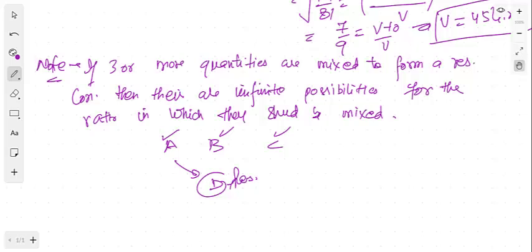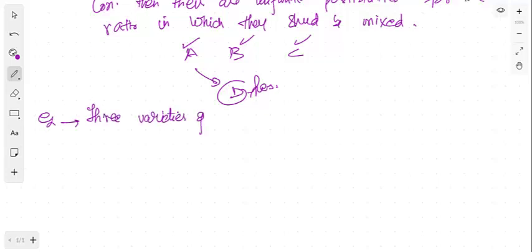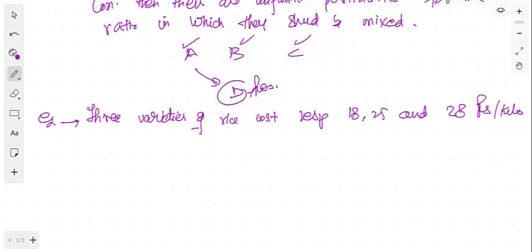Why do I need to talk about this concept? Because once in a state government examination they asked this question: three varieties of rice cost respectively 18, 25 and 28 rupees per kilo.